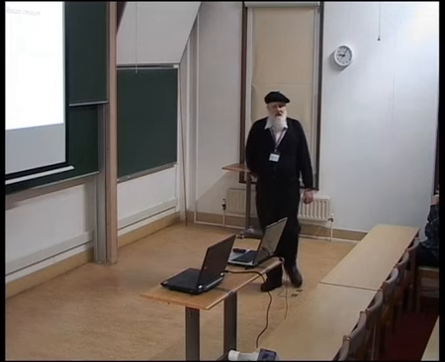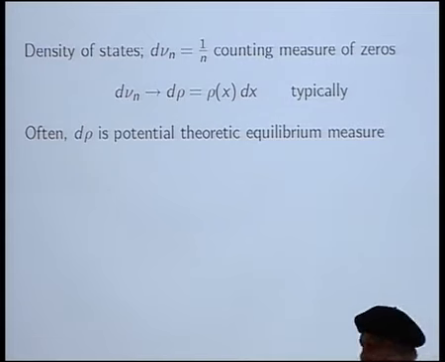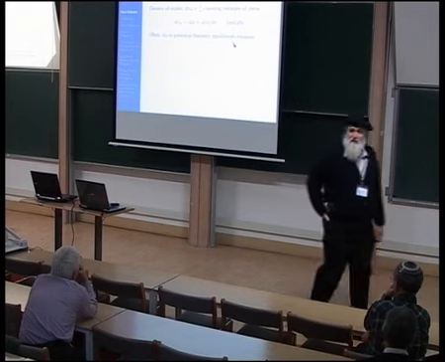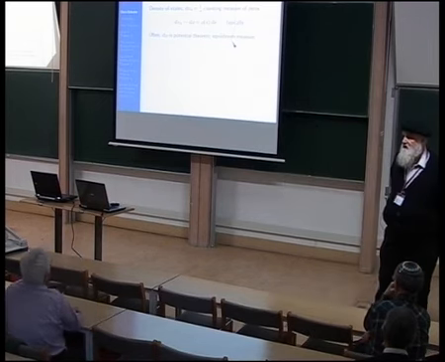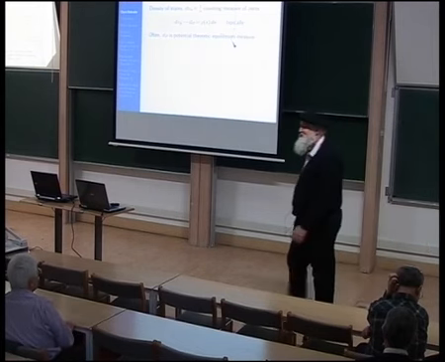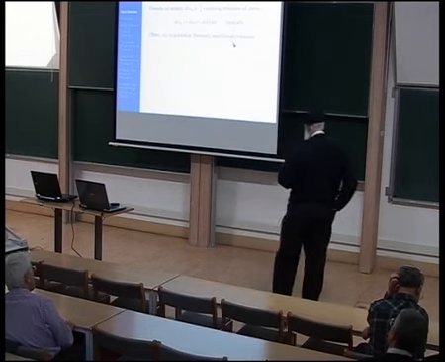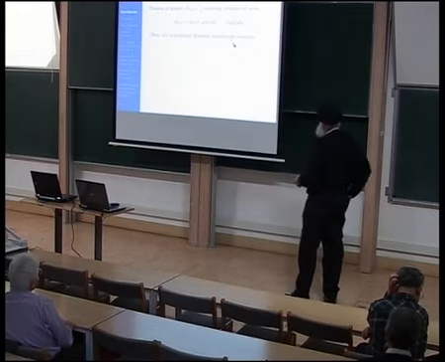And typically in the orthogonal polynomial realm, the measure d rho is a potential theoretic equilibrium measure. For the case of an interval, that's not the Wigner semicircle, it's the upside down semicircle. It appears in the denominator rather than the numerator, the square root.